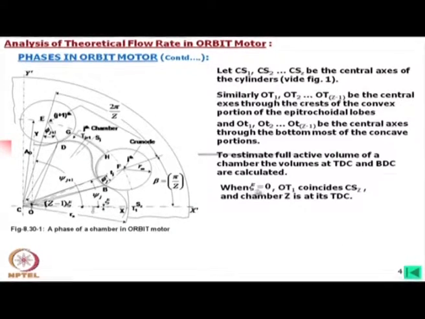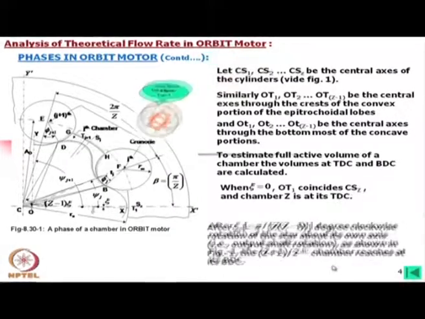When the shaft rotational angle is equal to 0, OT1 coincides with CSZ. In that case, if we take Z equal to 7, chamber Z is at its top dead center.